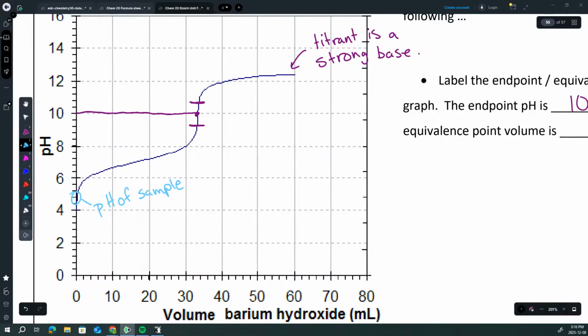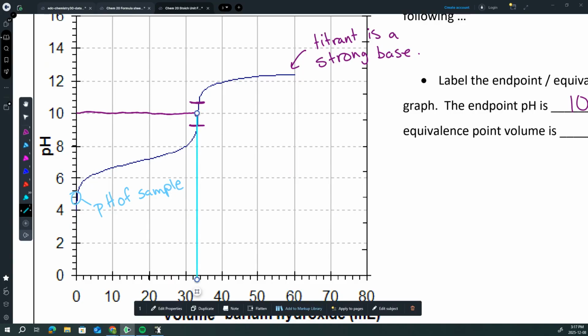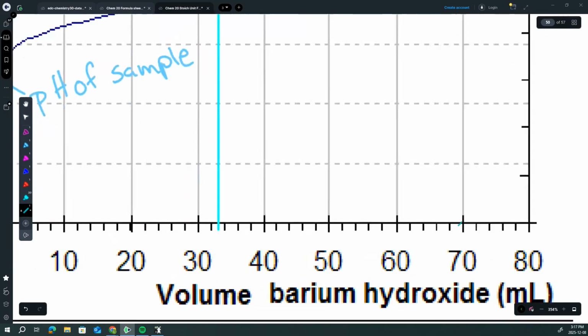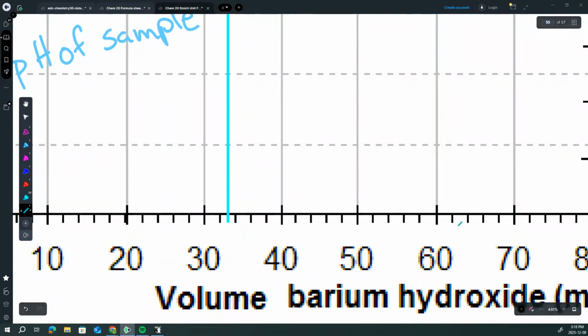So let's figure out what our equivalence point volume is. Just trying to draw as straight a line as possible here. All right. So looking at this, each of these tick marks is worth about 2 milliliters here.